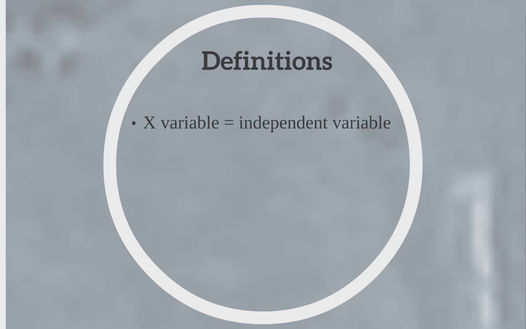The x variable is the one that is thought theoretically to lead to the dependent variable, or the y variable. Another word for this is the outcome variable, right? So y variable, dependent variable, outcome variable is all the same thing. Those words are interchangeable with one another. The idea here is that the x variable is the thing that causes a change in the y variable, right? So again, I said causation here. This is theoretical causation. This is not statistical causation.